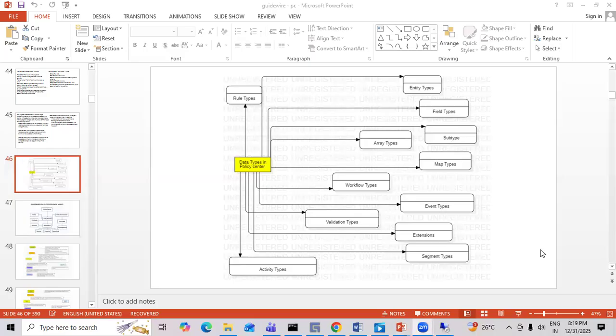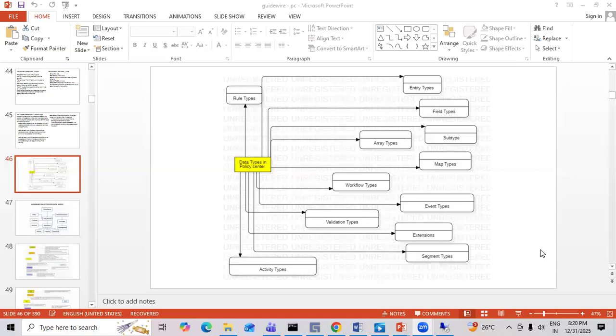One is the rule type, entity types, field types, and subtypes, which is also a data type.